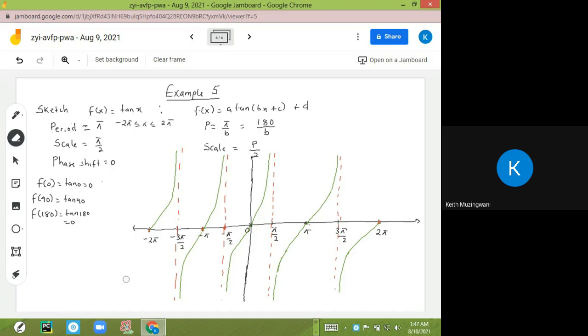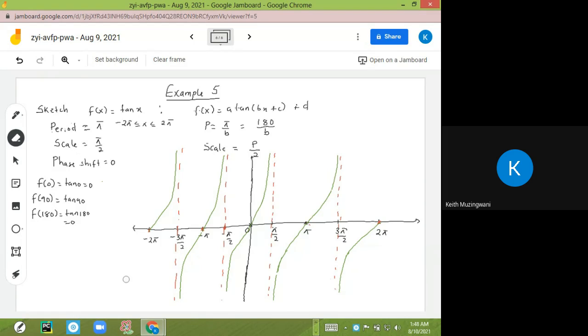Now if you look at this function tan x, the phase shift here is 0. So we place our scale from negative 2 pi to 2 pi. Tan 0 is 0, but tan 90 is undefined.